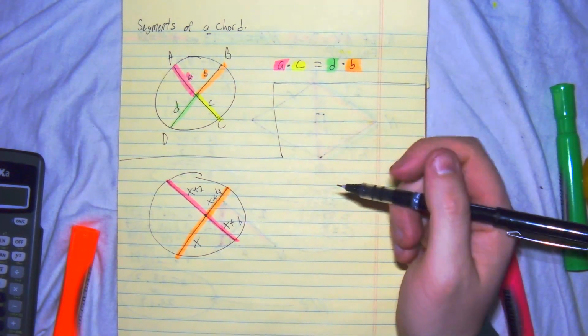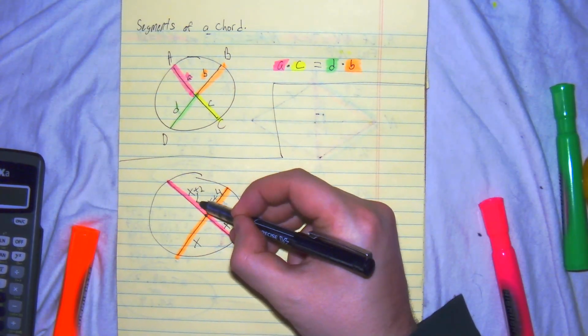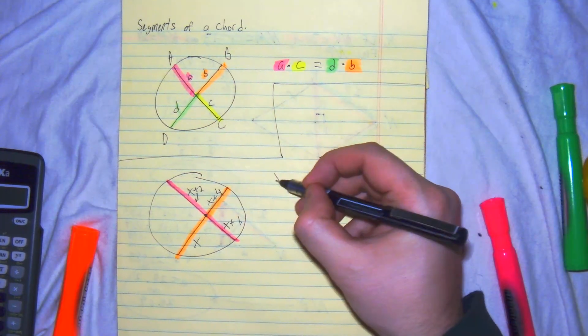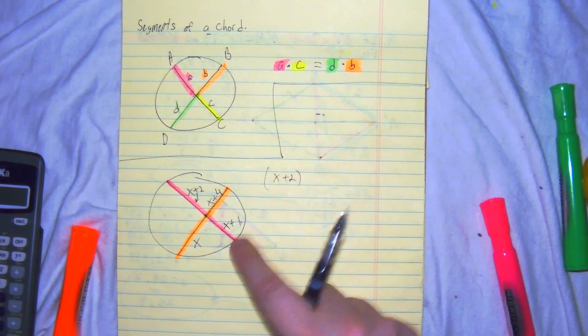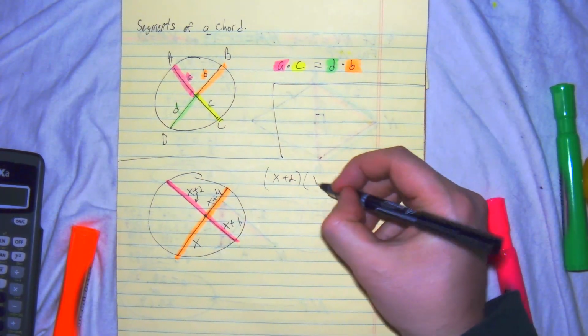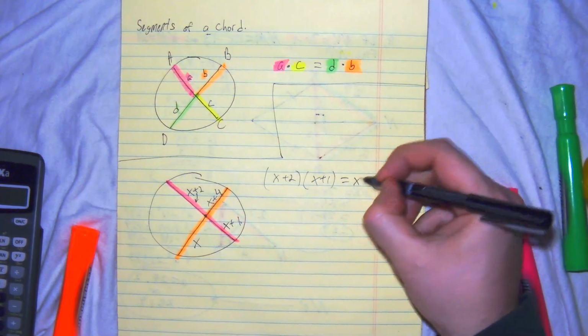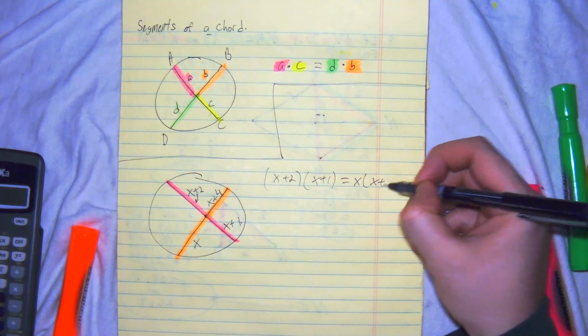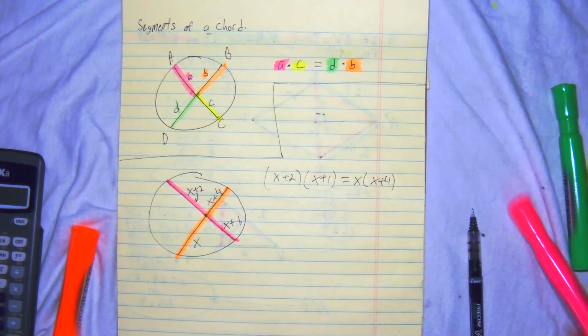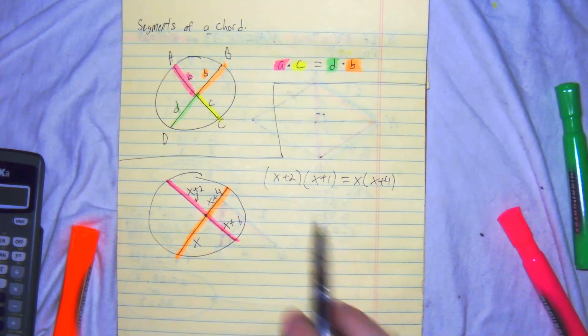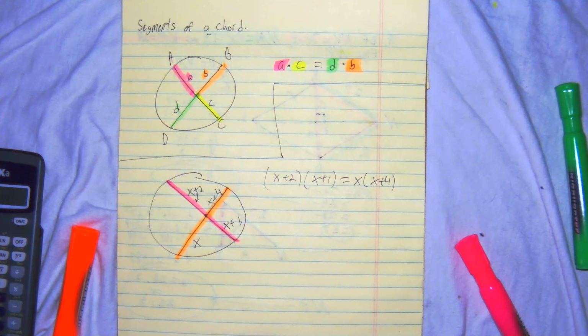So what we have here is first X plus 2 right there. It'll be X plus 2 multiplied by X plus 1 is equal to X times X plus 4. So here you do have to distribute.